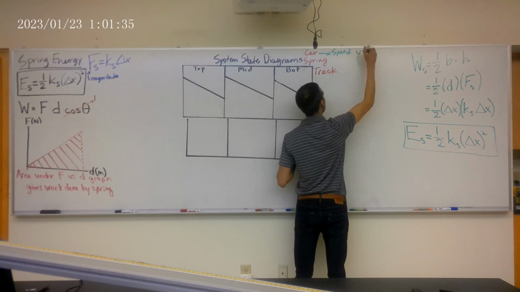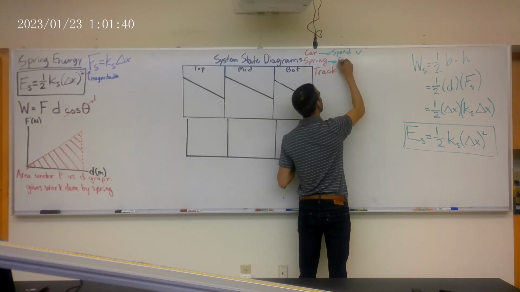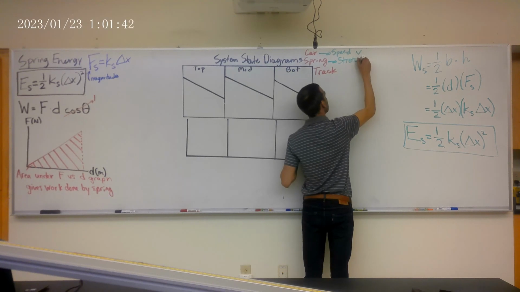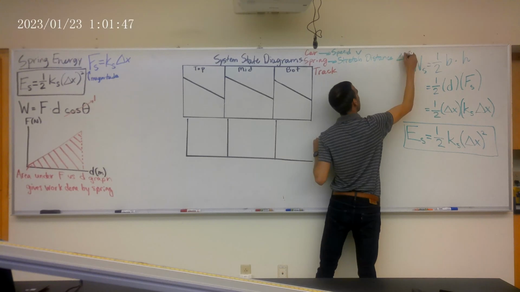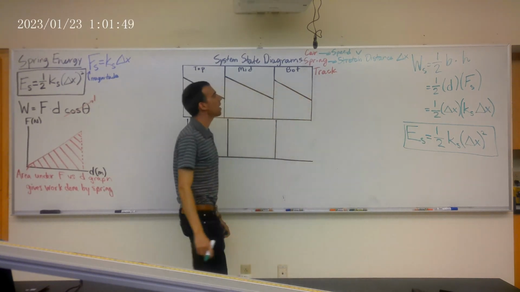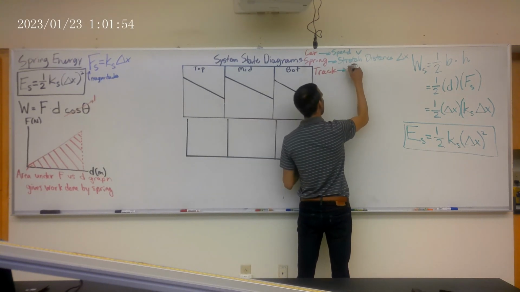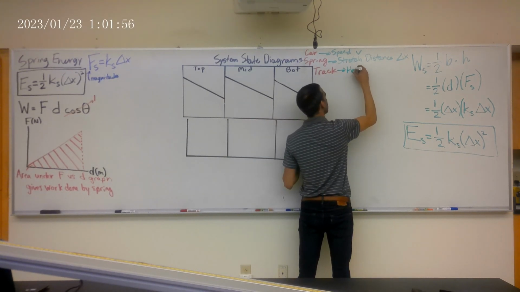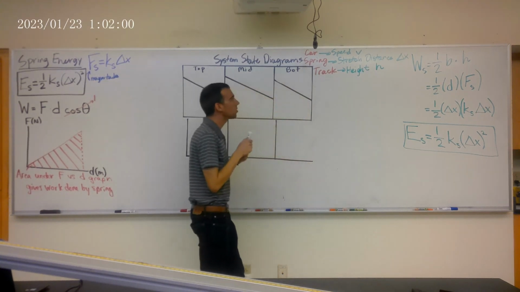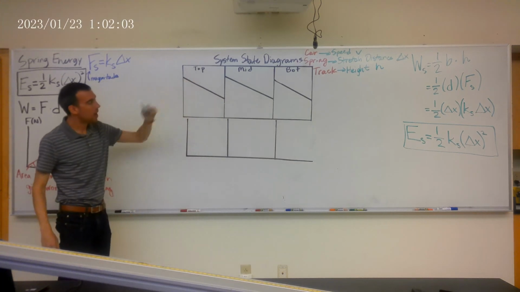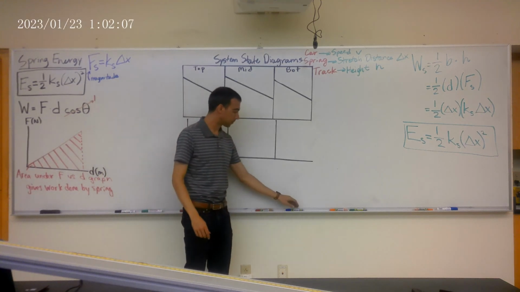You'll need to display where V shows up. For the spring, you will need to put something about the stretch distance. We call that delta X in our system state diagrams and in our equations. And the something about where the car is on the track that we will need to list is the height, H. So in each of your system state diagrams, you need to draw the object, which is the red, and the variable, which is the green.